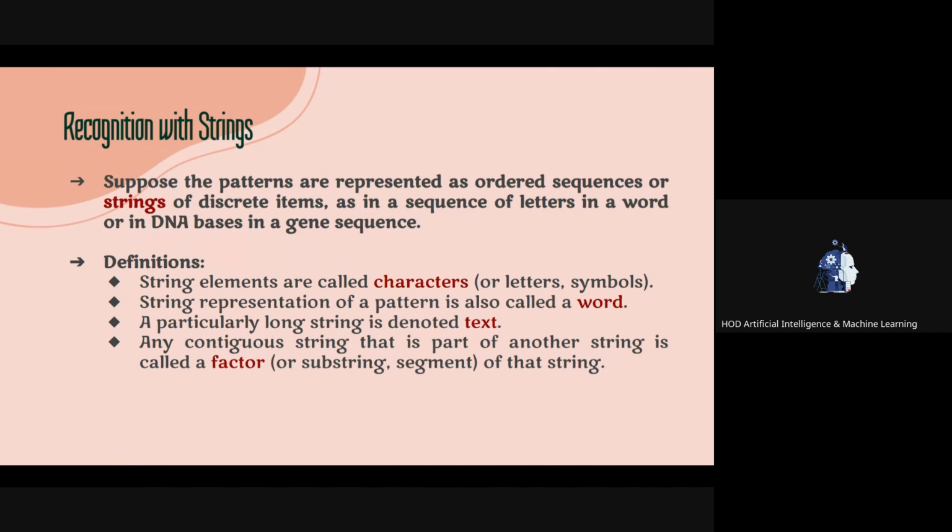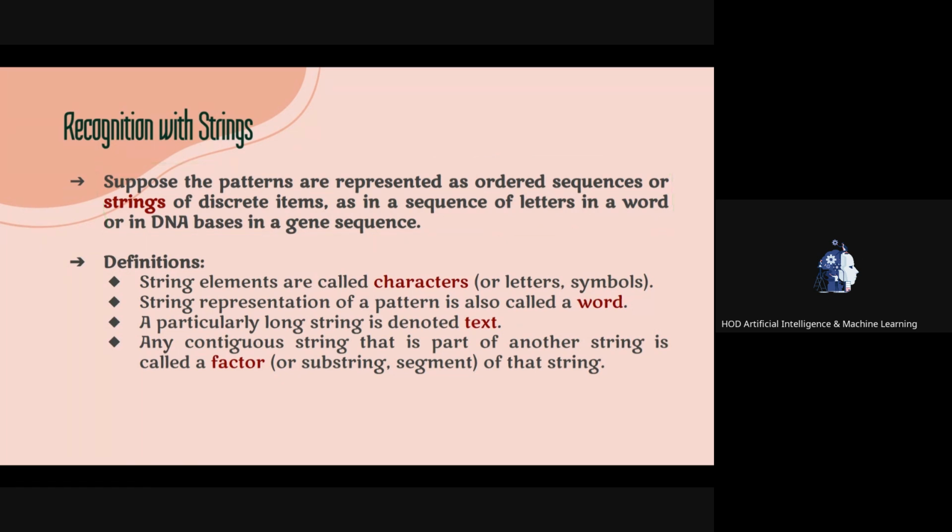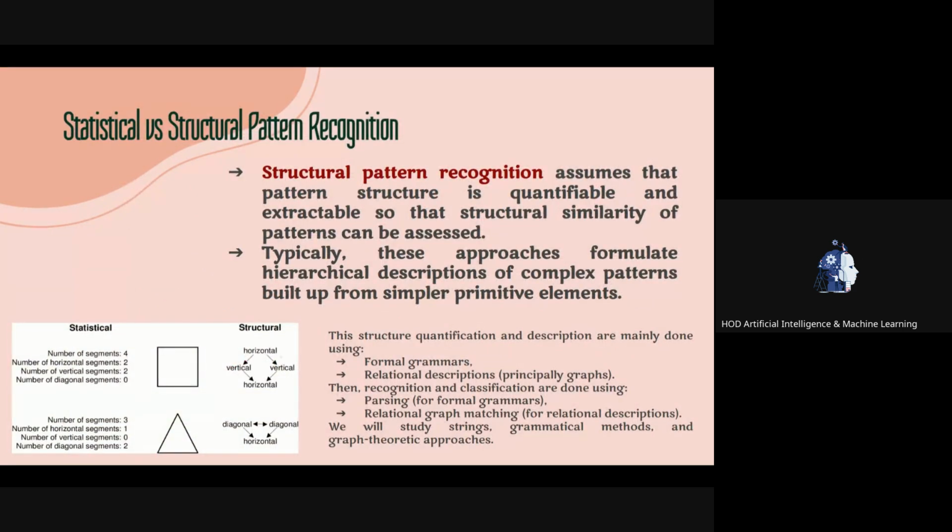From this you will come to know what we mean by a string. A string is an ordered sequence, and a string is made of discrete items. A string is a sequence of letters in a word, or DNA bases in a gene sequence. These are all what we call strings. So now we are going to play with the string.